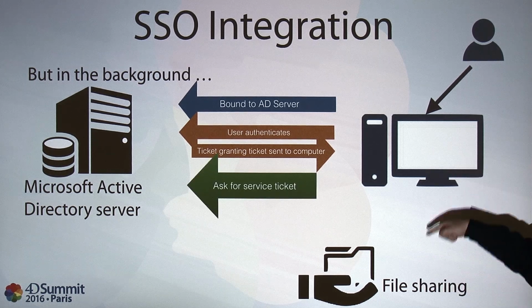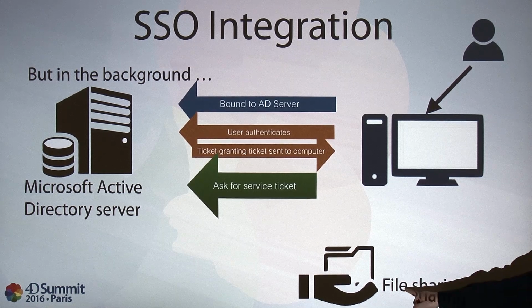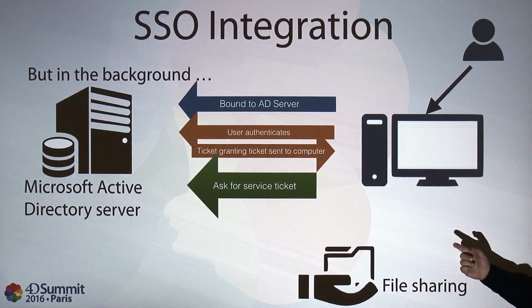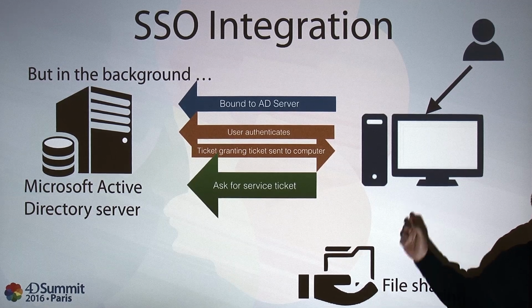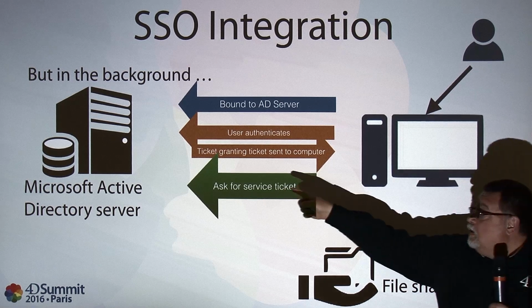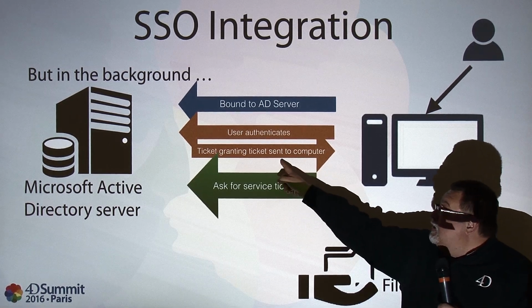Also, when he wants to connect to a file sharing service, so the user now wants to access some files on a network share, the computer is not going directly to the file server. It goes again to Active Directory and asks for something. It supplies his ticket granting ticket.